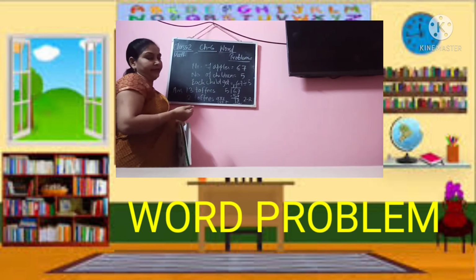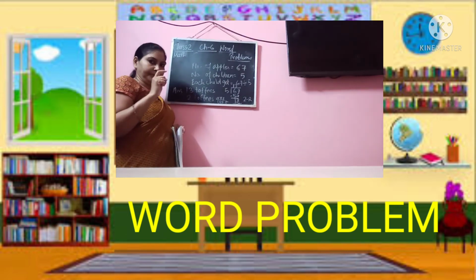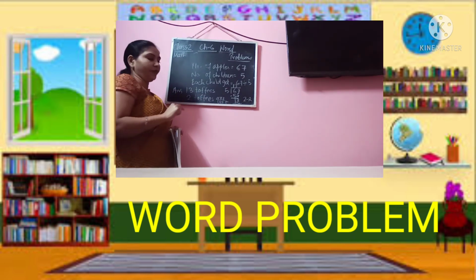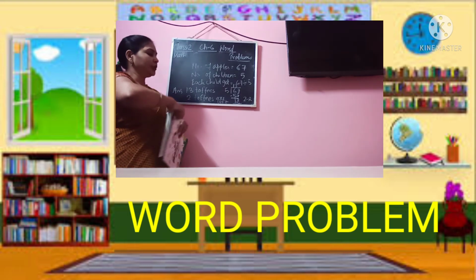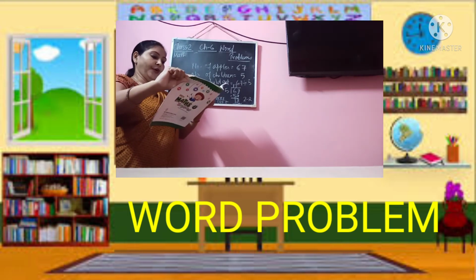So 2 apples are left because it's not coming total 13. That is why 2 apples are left. Okay. So this is question number 4.